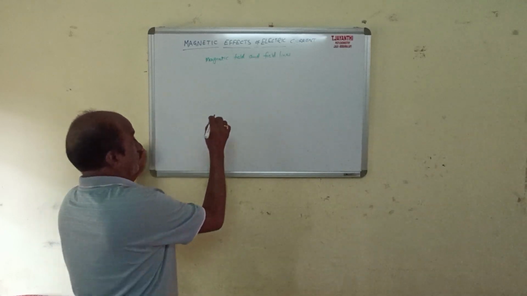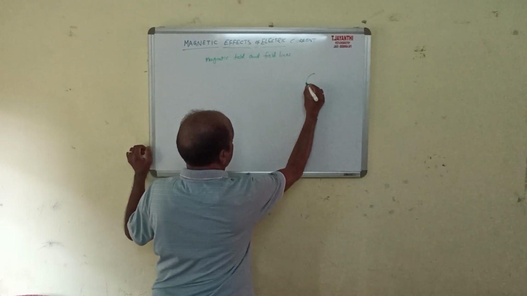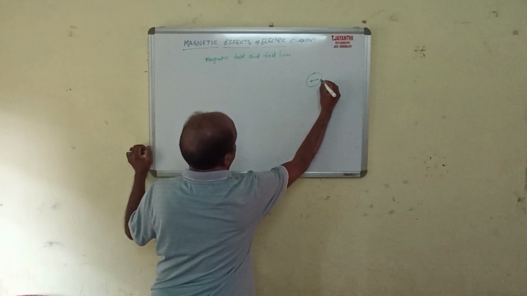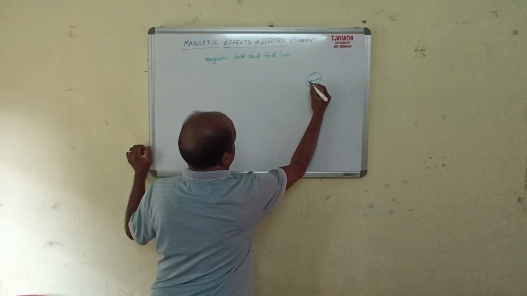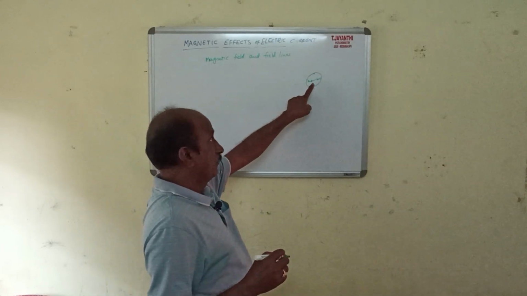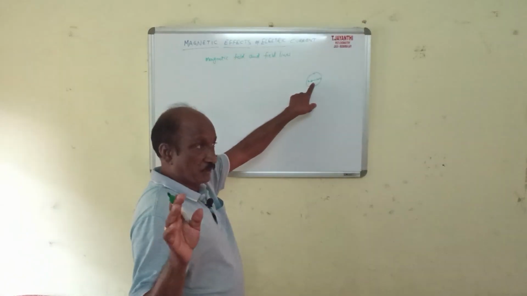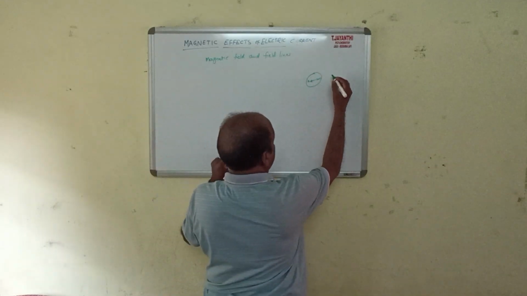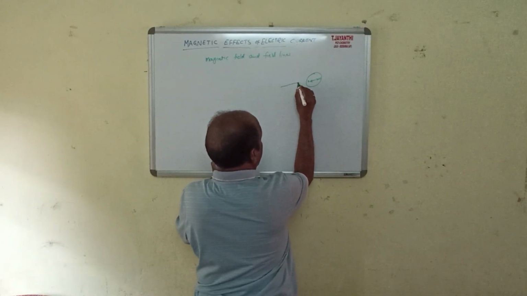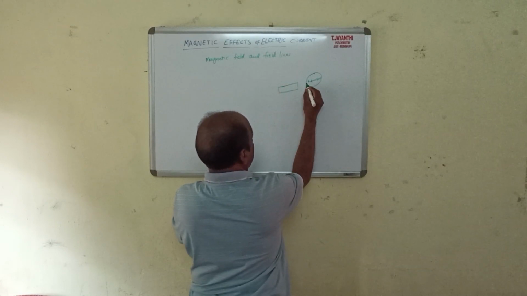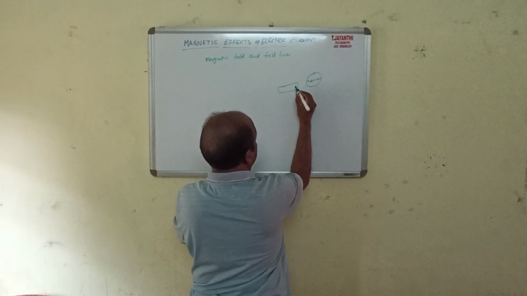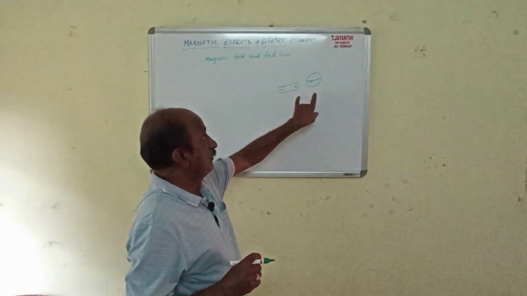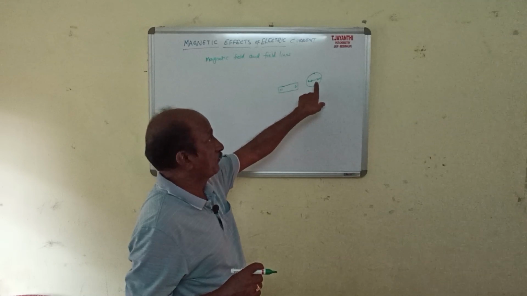Yeah, we understood that the magnetic compass itself is a compass. The needle in the magnetic compass itself is a magnet. That is why if we put a magnet very close to this, it shows some deflection.